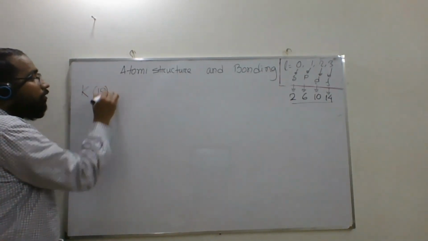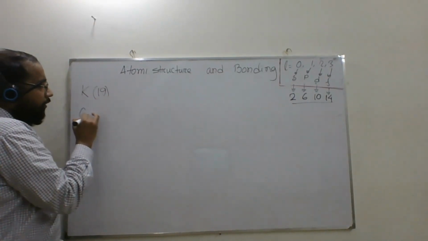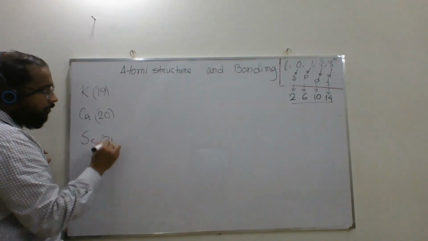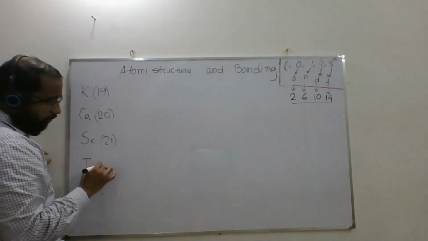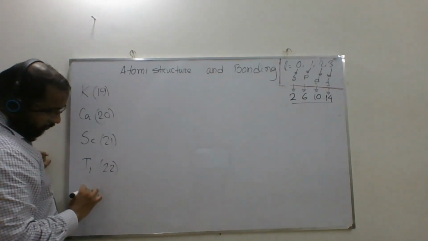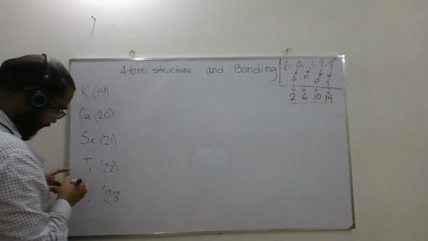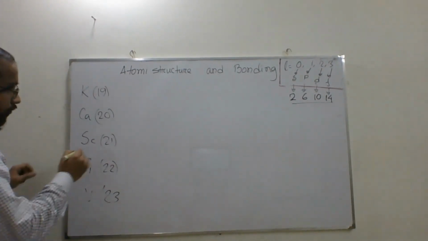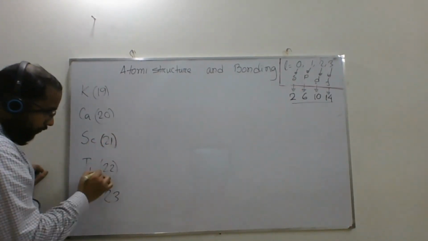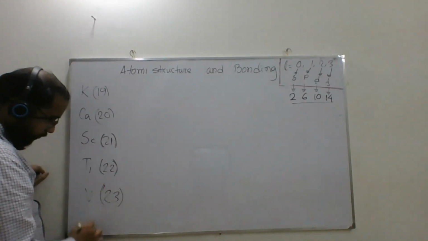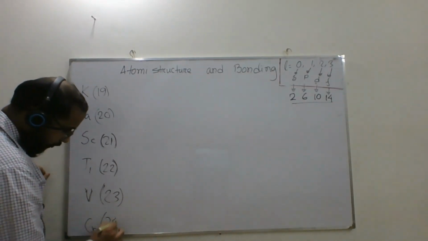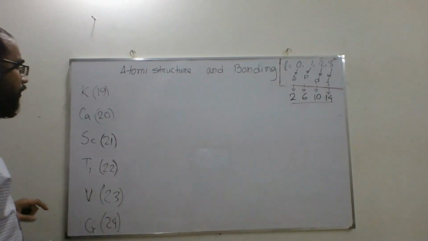Potassium is 19, calcium 20, scandium 21, titanium 22, vanadium 23, chromium 24. Okay, the rest of them will go later.